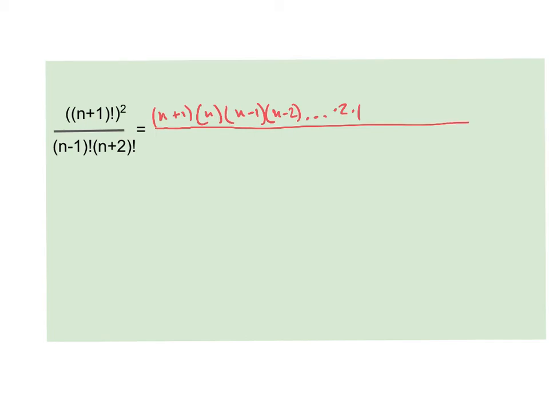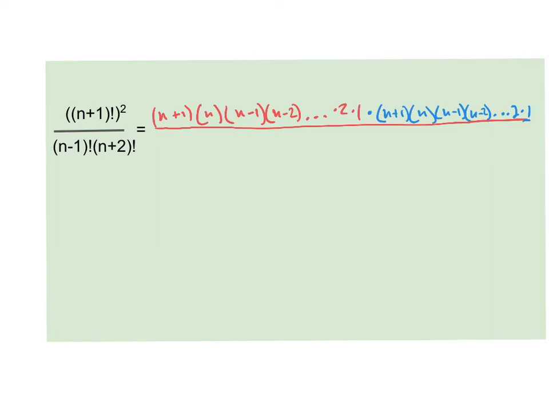Now, that is going to be my first one. Now it's that squared. What I'm actually going to do is write that out separately. So I'm going to write out n plus 1 times n times n minus 1 times n minus 2, and we get down to this times 2 times 1. So that's n plus 1 factorial squared.